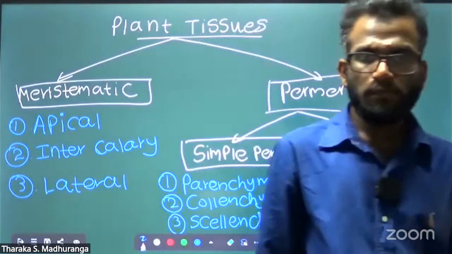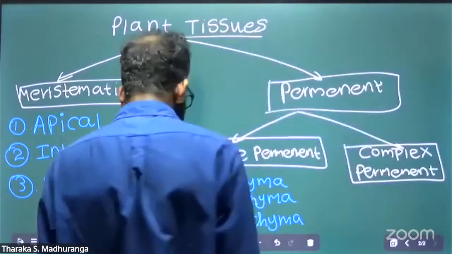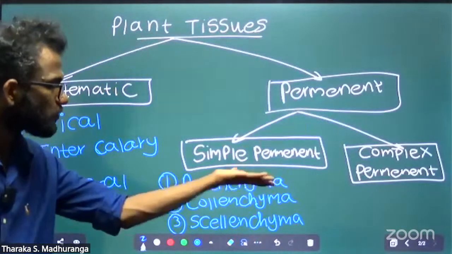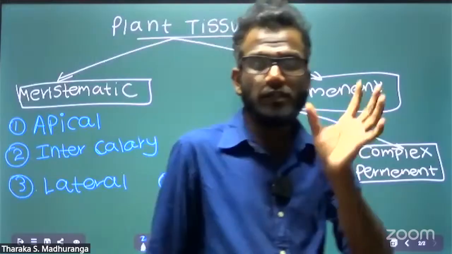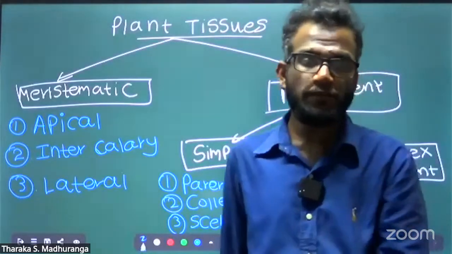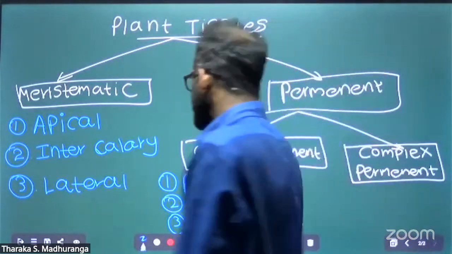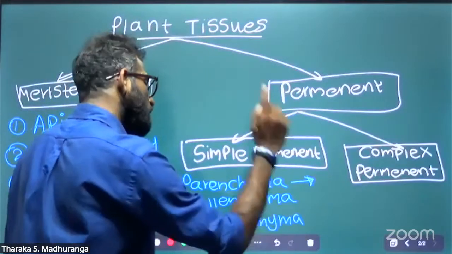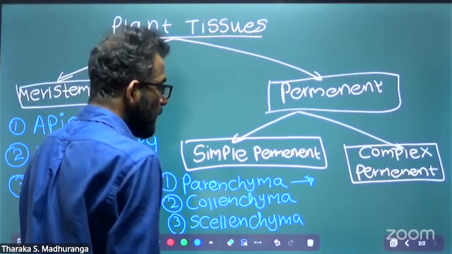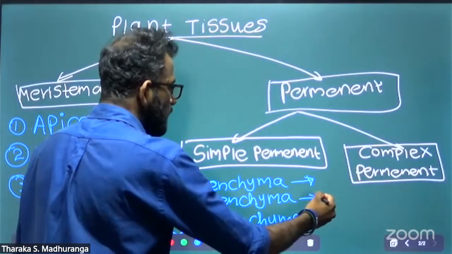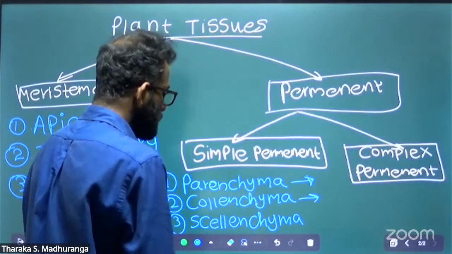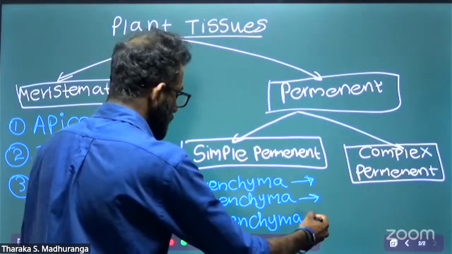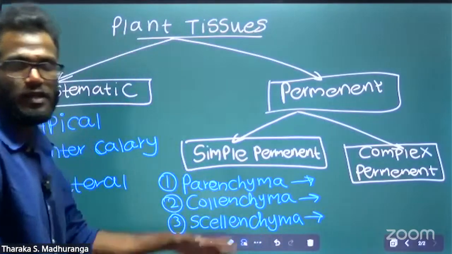Simple permanent means their structure is simple. The simple permanent tissues are made with only one type of cells. As an example, parenchyma is made with parenchyma cells. Collenchyma is made with collenchyma cells. Sclerenchyma is made with sclerenchyma cells.